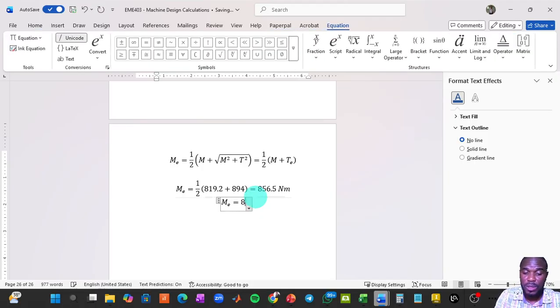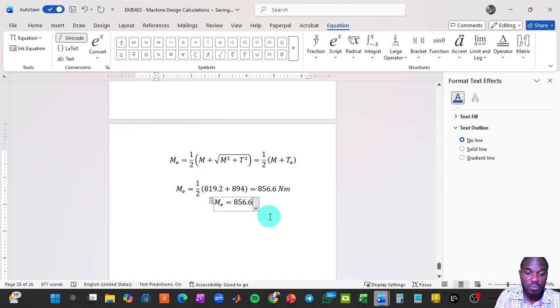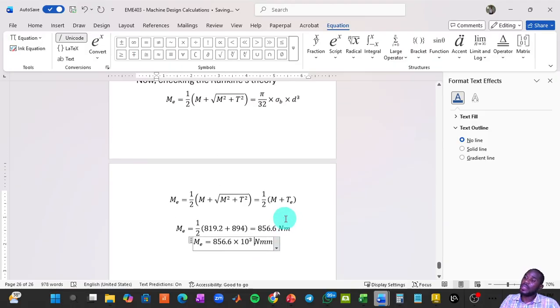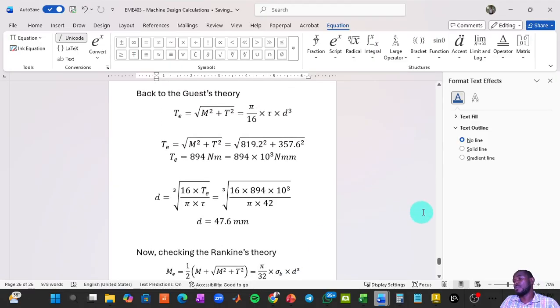Sorry, that is 856.6 times 10 raised to the power 3 Newton millimeters. Great. And then we come back here and make D the subject of formula.